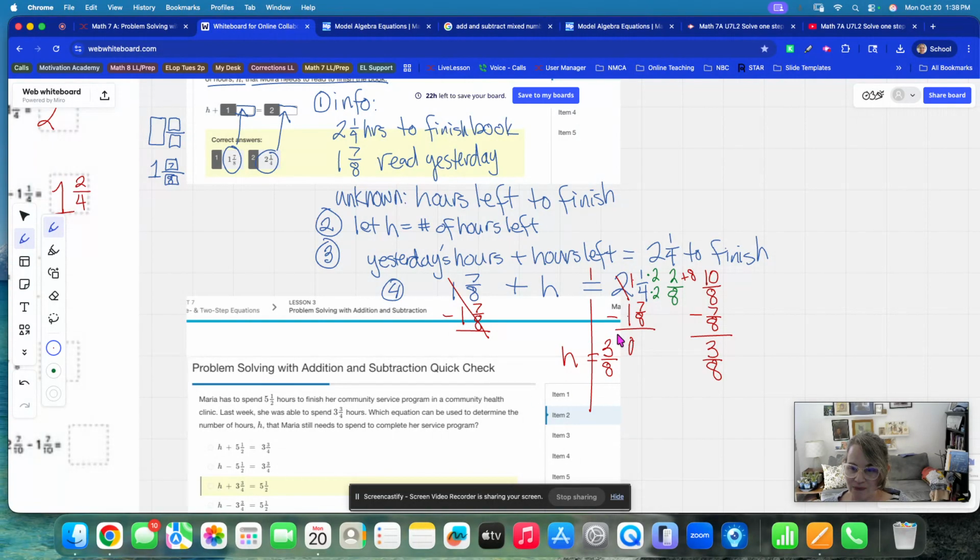All right, and then step 5 here, they say, let's see if this answer makes sense. Okay, so I would say she has 3/8 of an hour left to read.